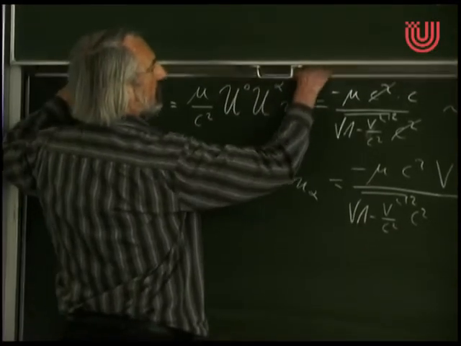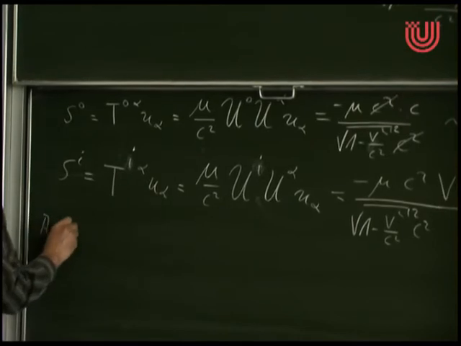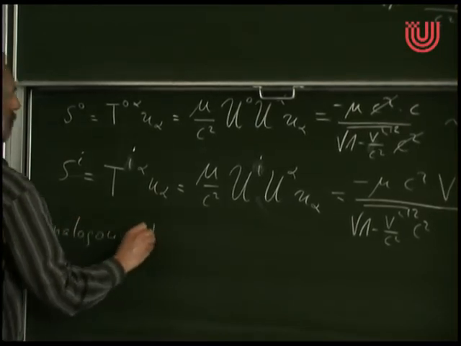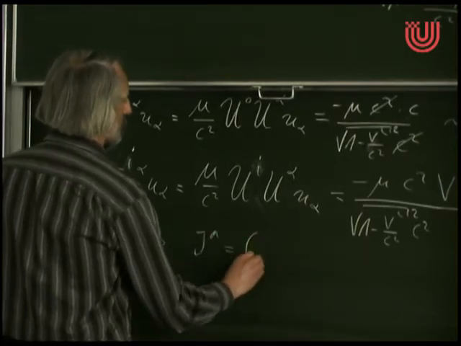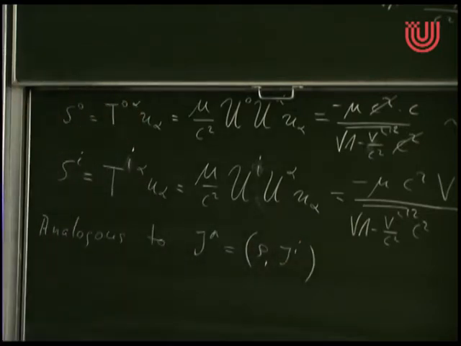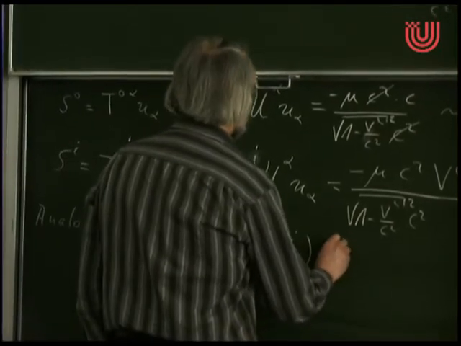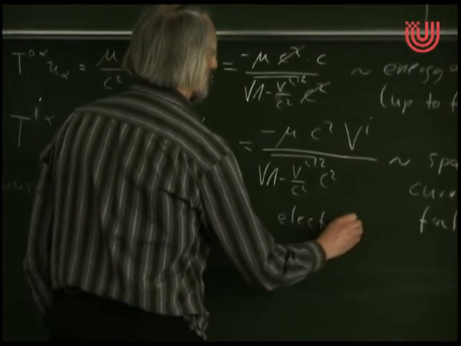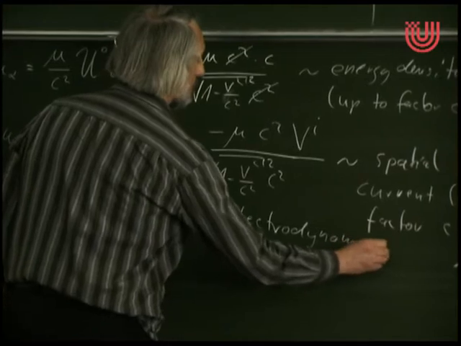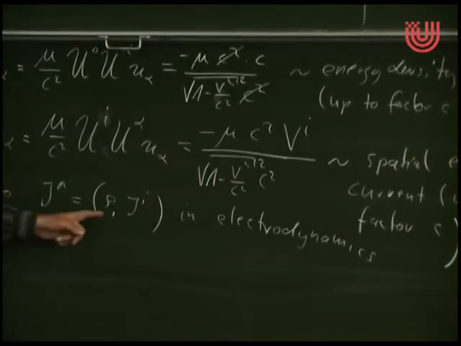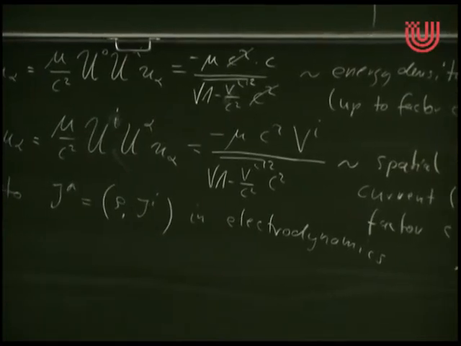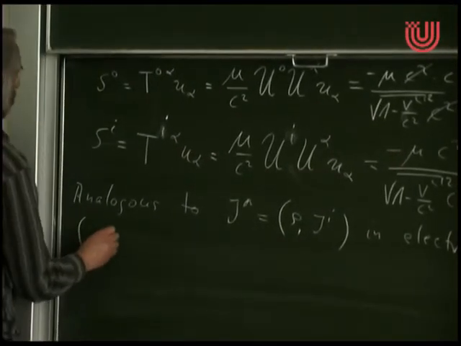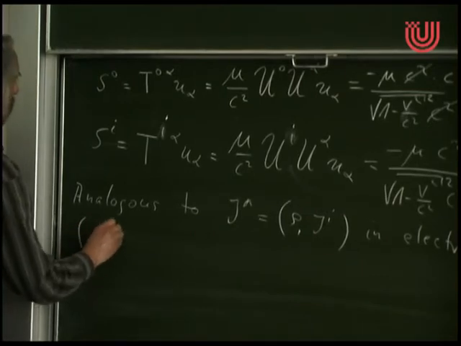So that's analogous to J mu, which decomposes into rho and J i in electrodynamics, what we had in the last lectures on the board, on the right-hand side of Maxwell's equations, right? There was a charge density and the spatial charge current, which gives the space-time four-current of the charge. And in the same way, this is the four-current of the energy. So the analogy is that we interchange charge and energy.